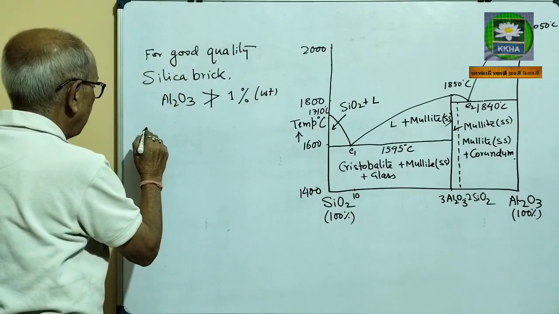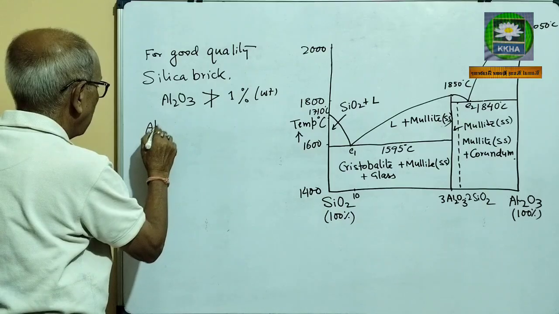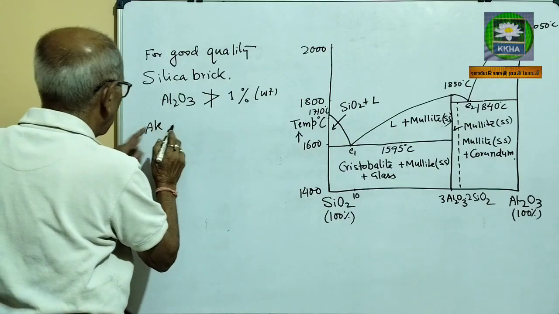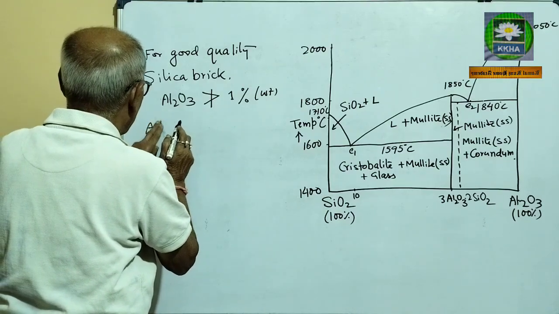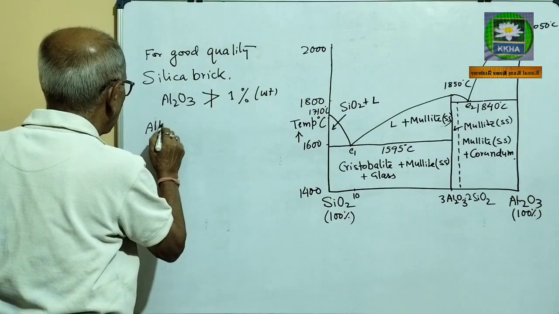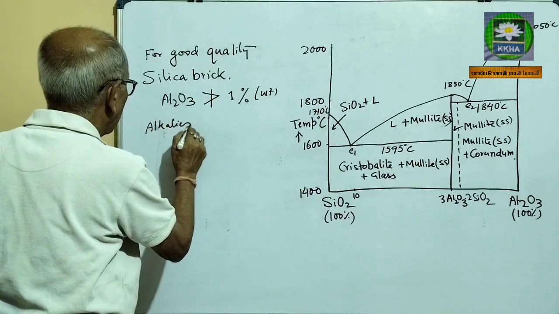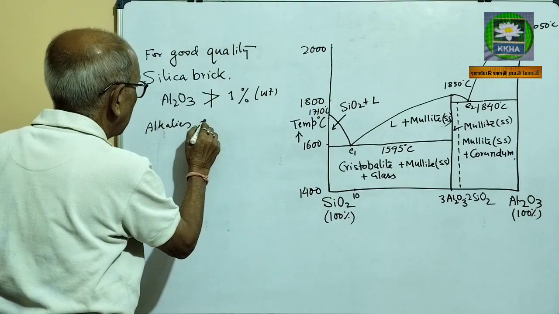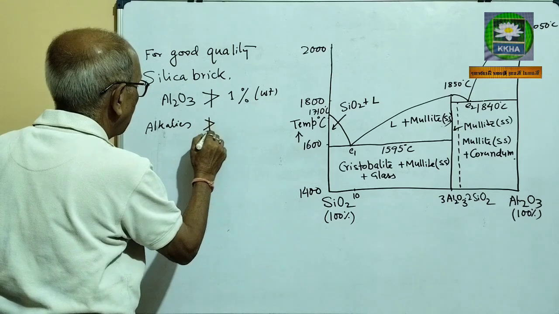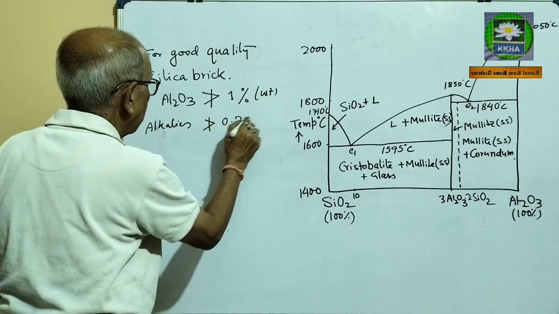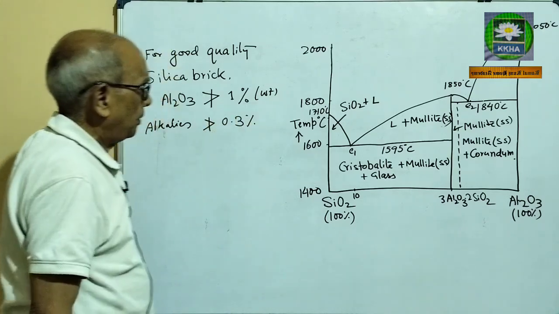And alkalis, total alkalis should not be more than 0.3% by weight.